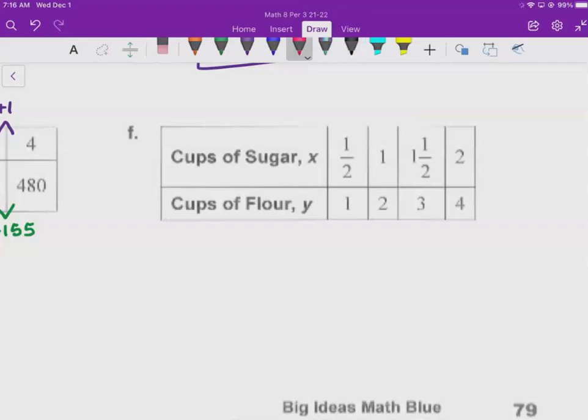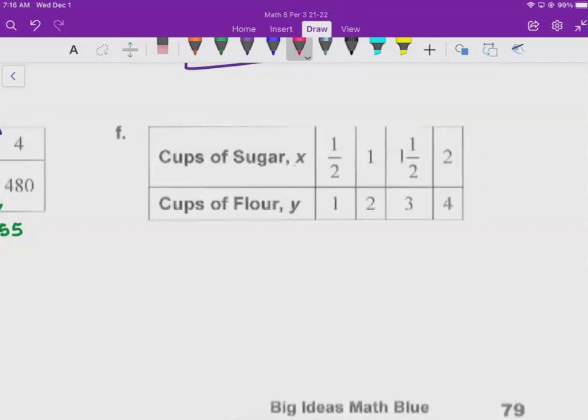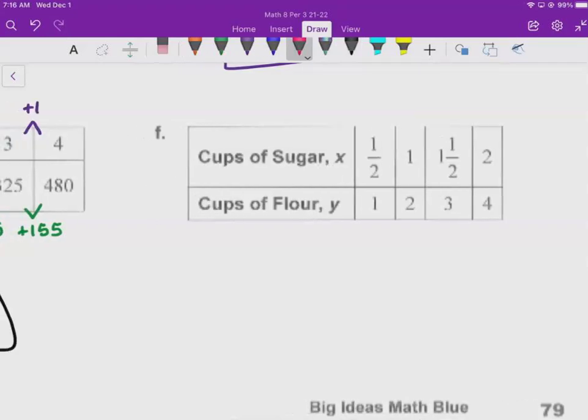Okay, so this, perhaps maybe doesn't make all the way sense, but this is flour per sugar. And if you've ever made a recipe from scratch, you know that the proportions have to be correct between flour and sugar or things don't turn out right.